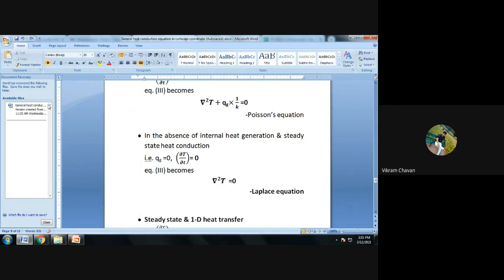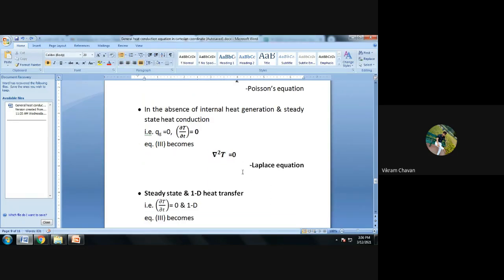And if you consider both cases, the absence of internal heat generation and steady state heat conduction, whatever equation we get is called a Laplace equation. Remember these conditions and the equations also. All things are important.